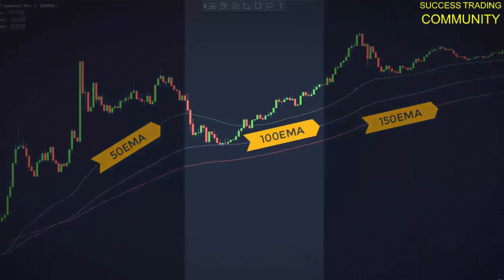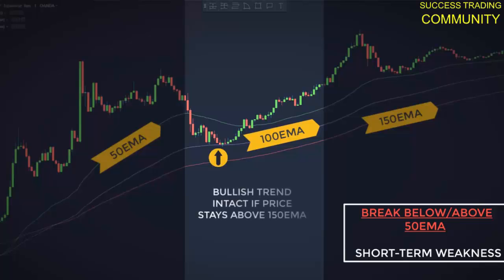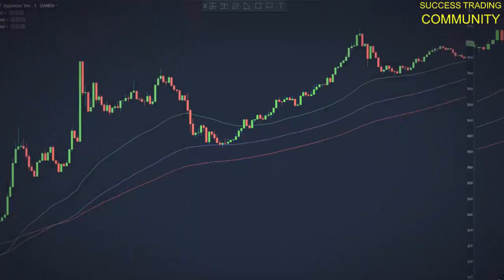Right here, the price eventually broke below the 50 period EMA, which signaled short-term weakness, but bounced off the 100 period EMA before resuming the uptrend, thereby confirming the medium and long-term strength. Until the price breaks below the 150 period EMA, the bullish trend will remain intact.